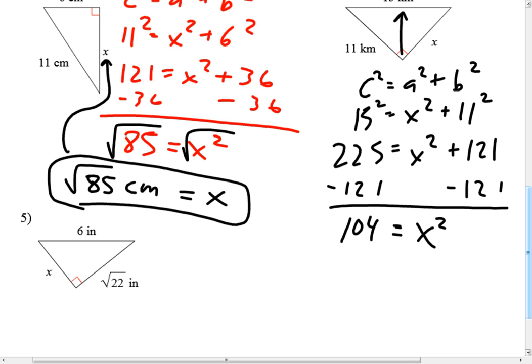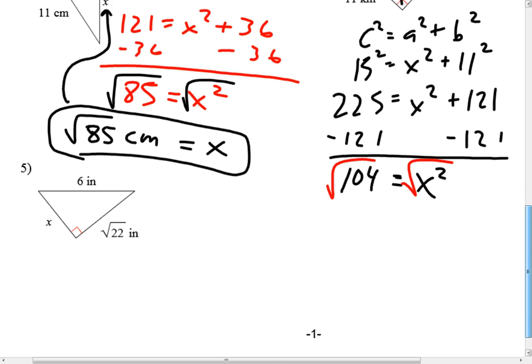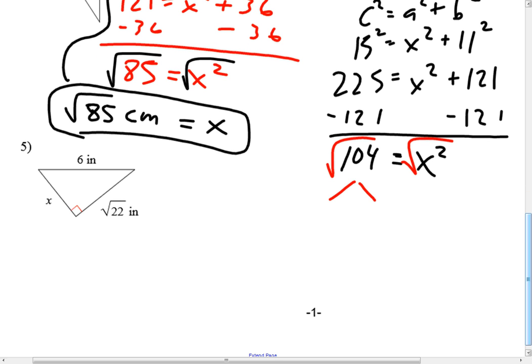Final step, square root. 104 is not in simplest radical form like 85 is. 85, I can't break down into anything useful. Can I break 104 into something useful? What definitely goes into 104? 4. We want perfect squares.